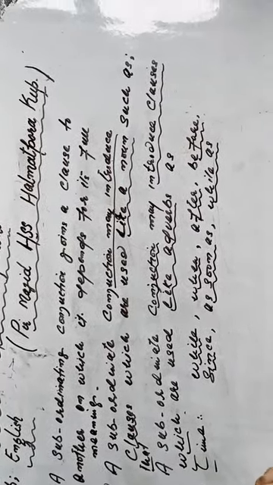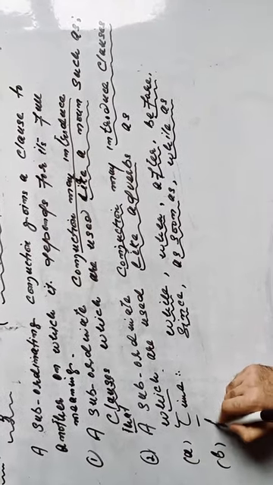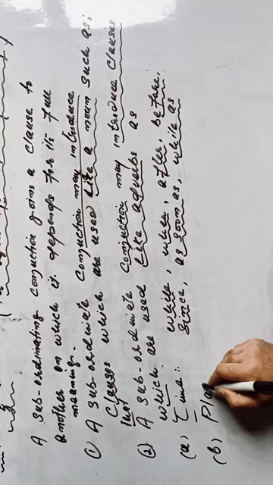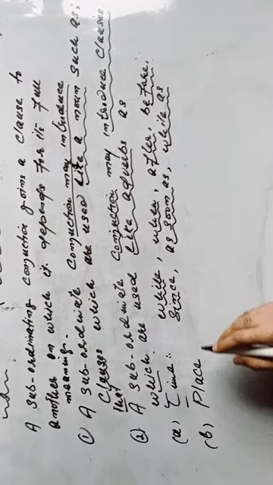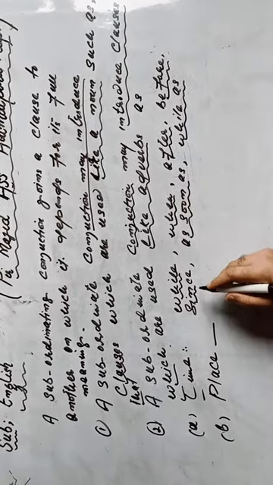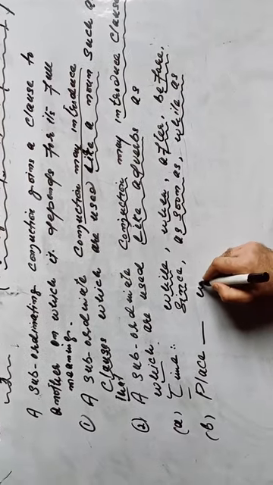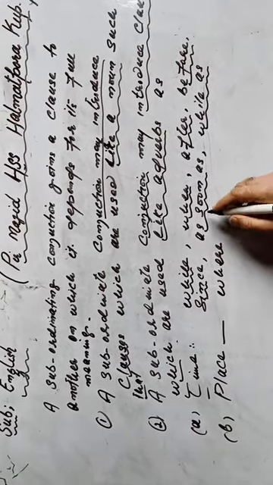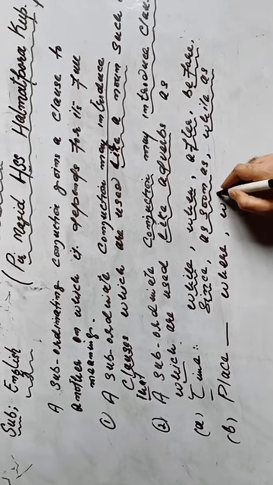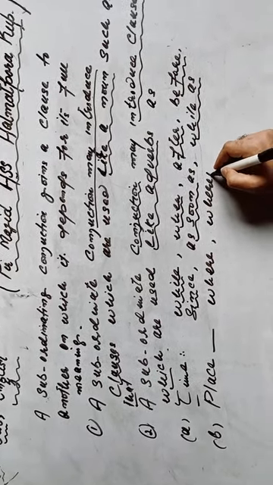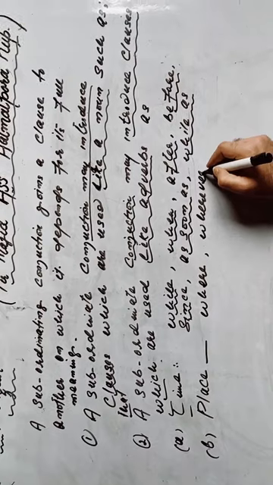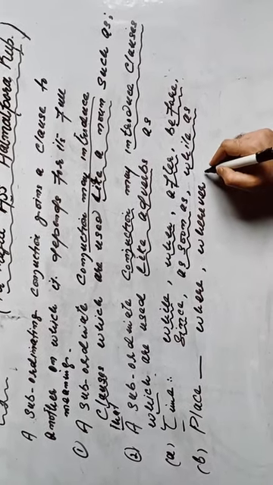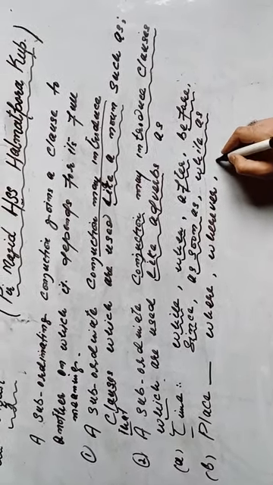Let's take the second one, that's B, place. And we can use where, wherever, whether.